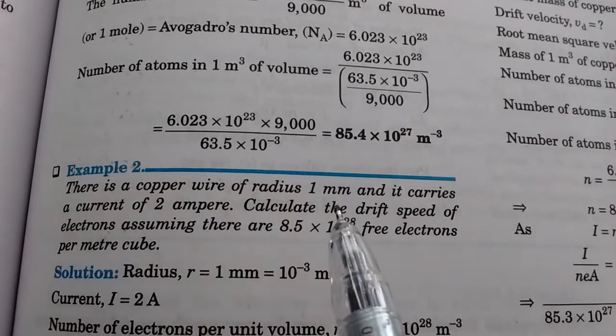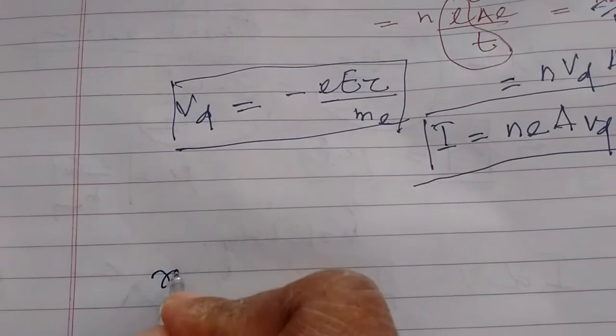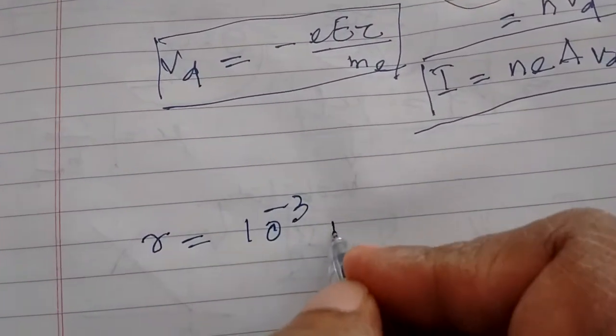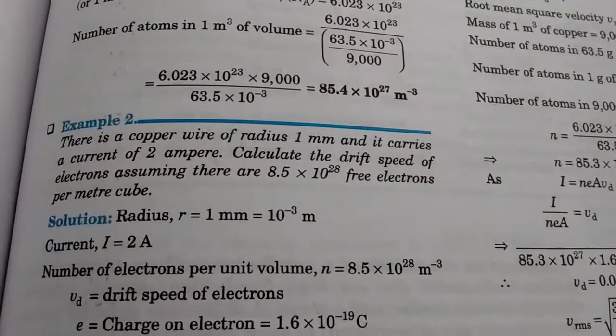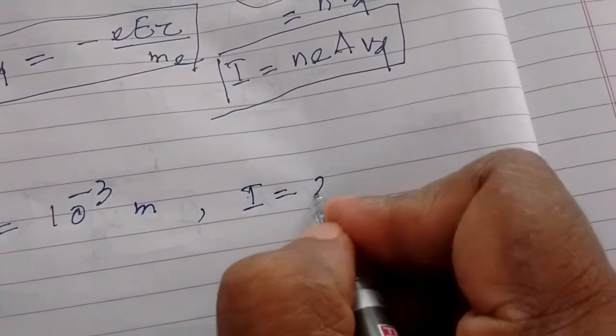There is a copper wire of radius 1 millimeter. A radius of copper wire is 1 millimeter, that means 10 to the power minus 3 meter, and it carries a current of 2 ampere.